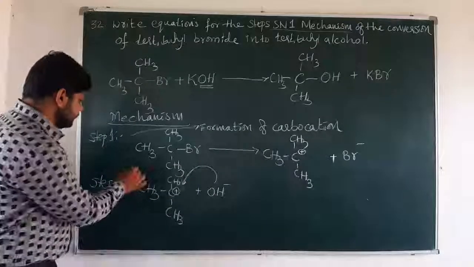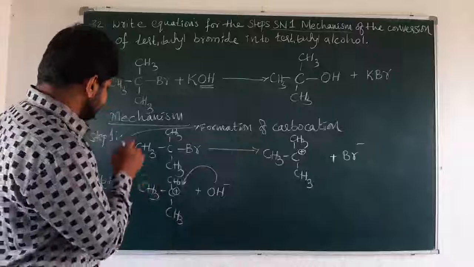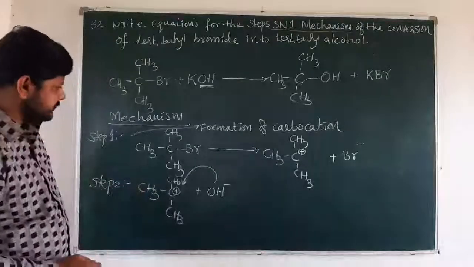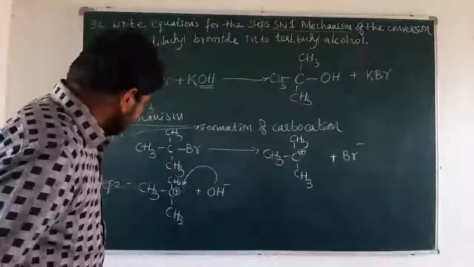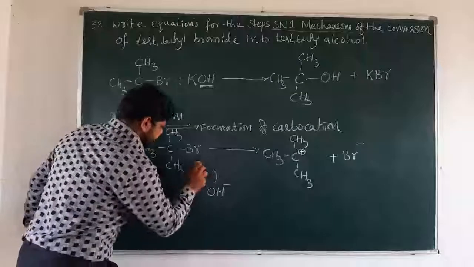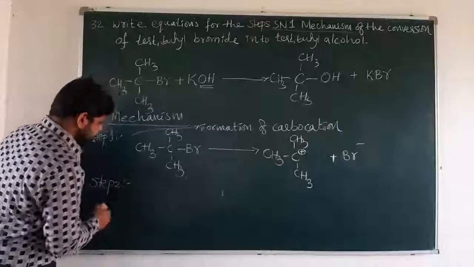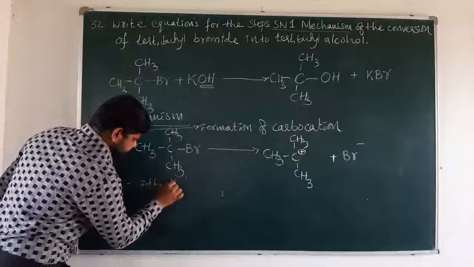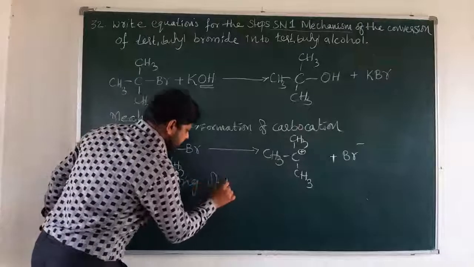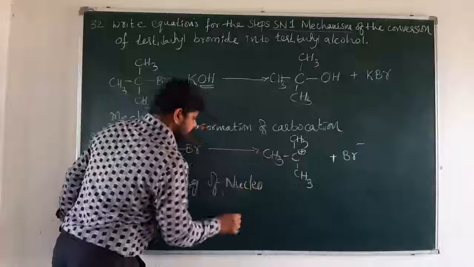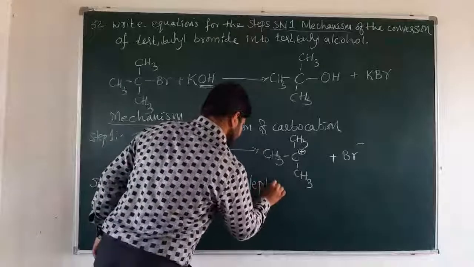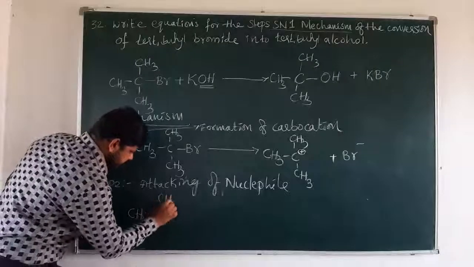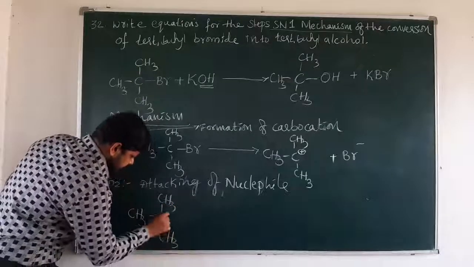This step is called attacking of nucleophile. I am not getting space here to write, so I will write once again. This step is called attacking of nucleophile. So I will write the same CH3, C, CH3, CH3, that is the carbocation.